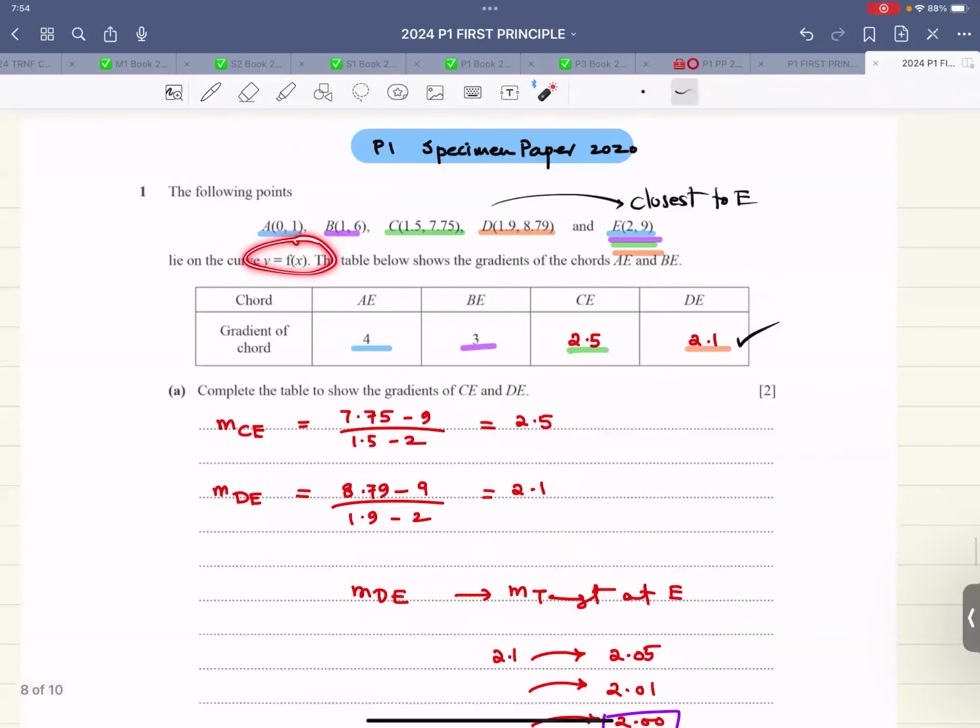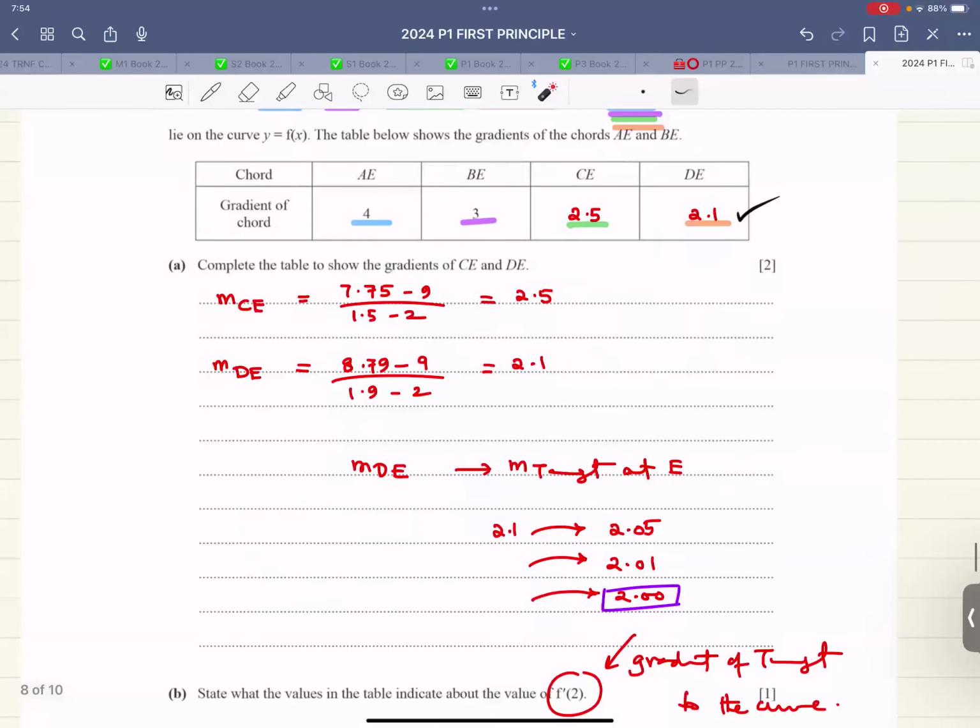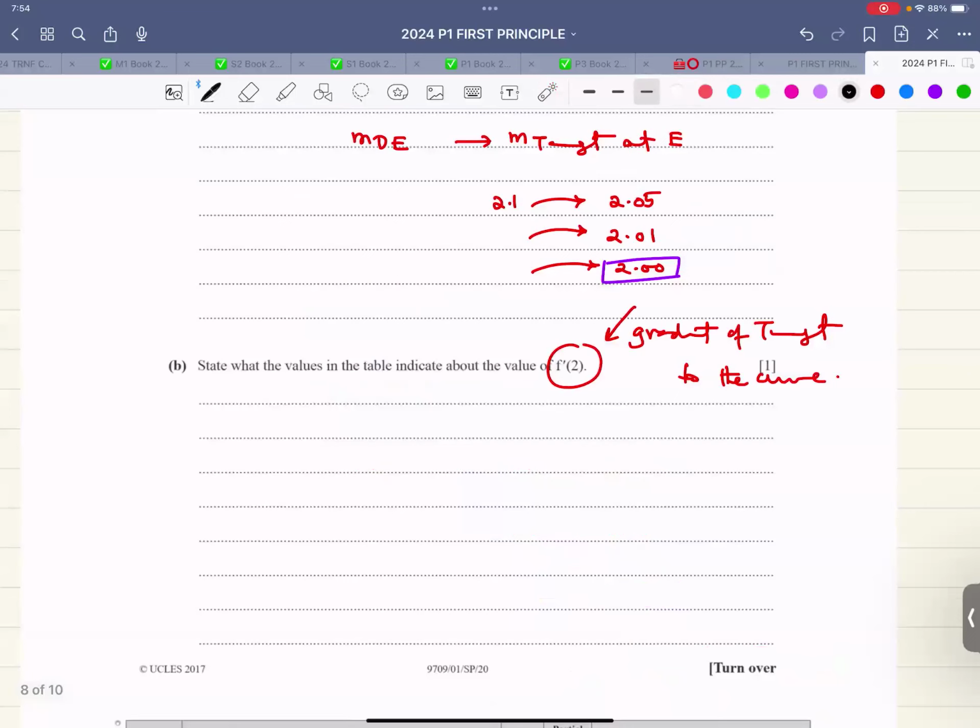So whatever is the curve, we don't know. F prime x means gradient of tangent. Since D is very, very close, just around the corner of E, if this is 2.1, we can say that the gradient of f prime 2 is almost equal to 2.